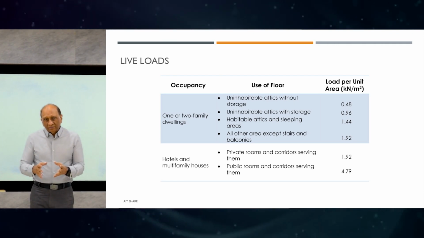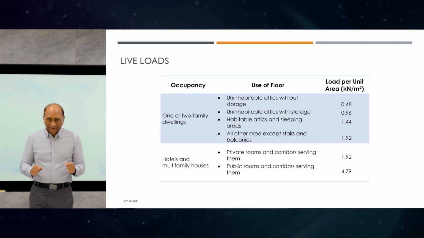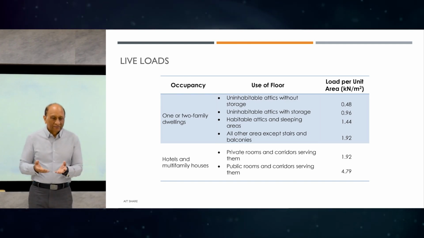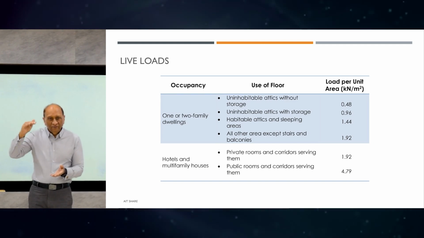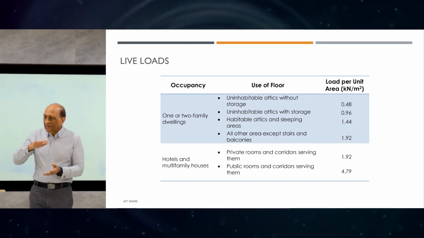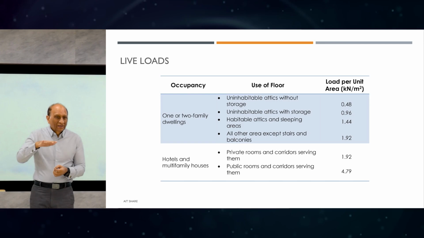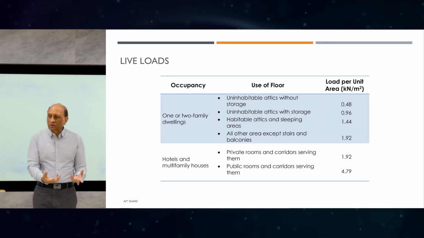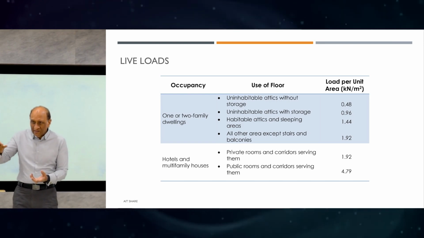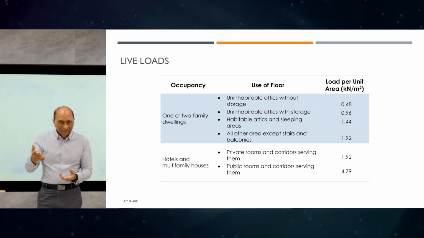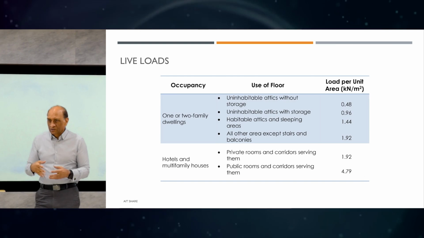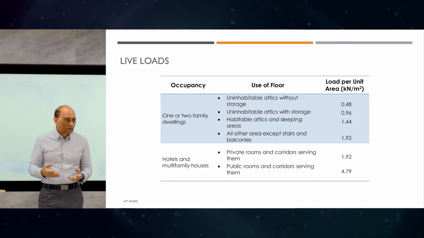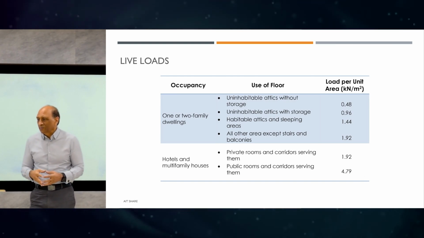If you have one floor, that is fine. But if we have 30 floors, it is unlikely that all the rooms will be full to the full live load at the same time. So when you calculate the load on the column, if you just add the live load on every floor, you will be making a big mistake because you will be overestimating the live load, which cannot realistically be present.